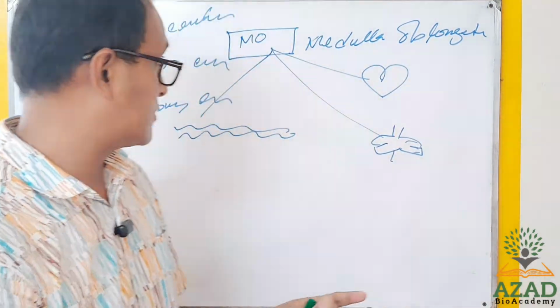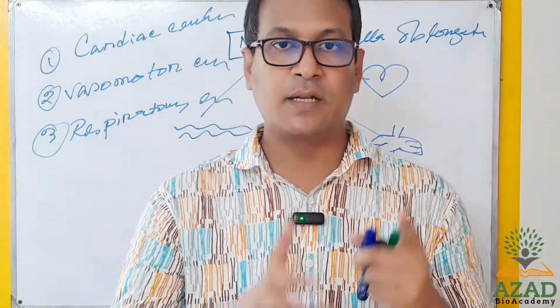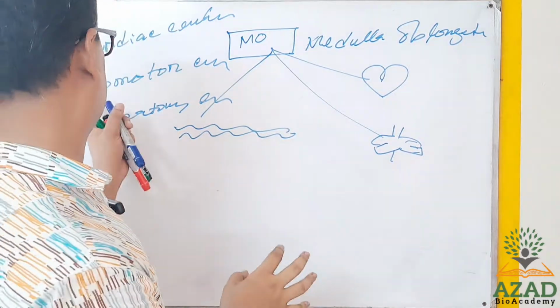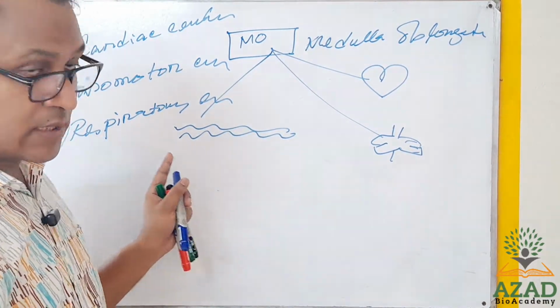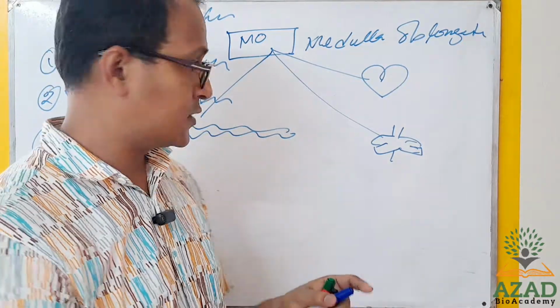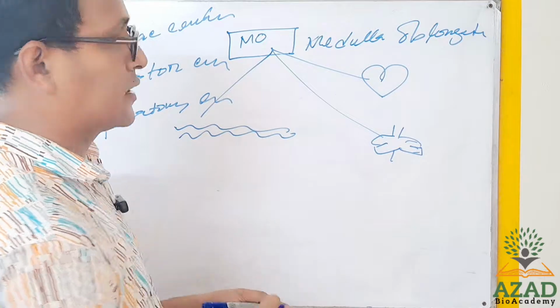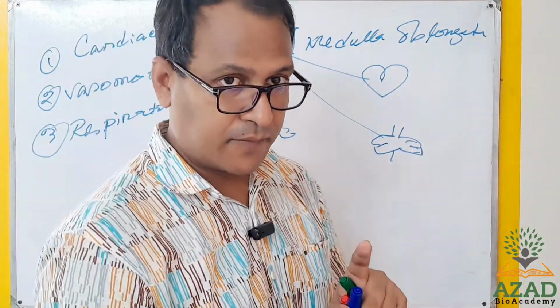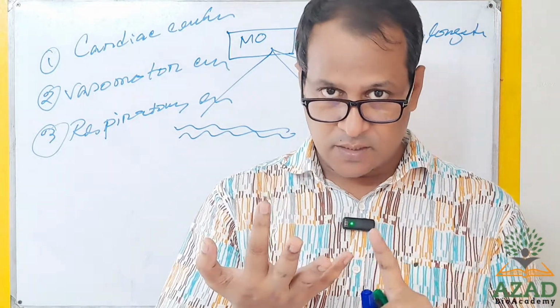So this can be considered a cardiac center. The rostral ventrolateral medulla is considered the vasomotor center, and the dorsal respiratory group is considered the respiratory center.